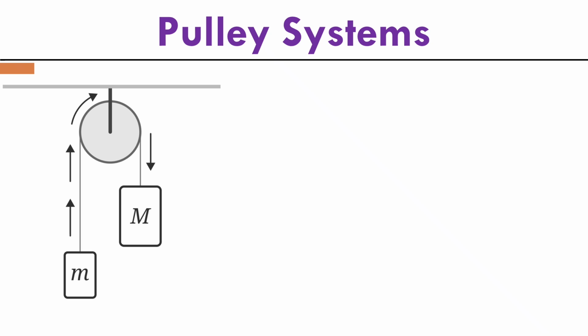Alright, so for most of the pulley systems in AP Physics, the pulley is a simple pulley. So what does it mean? First, for a simple pulley system, the pulley itself is frictionless and weightless. That means you don't need to worry about the rotation of the pulley, and you don't need to worry about the friction between the pulley and the string.